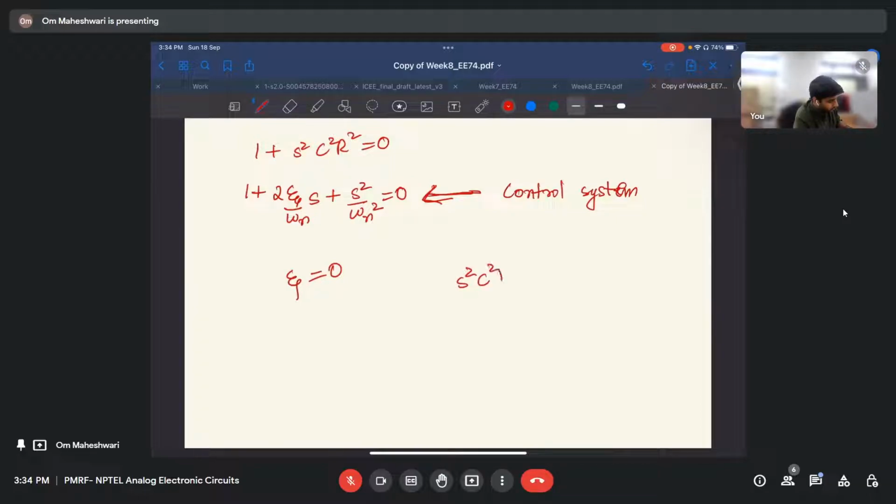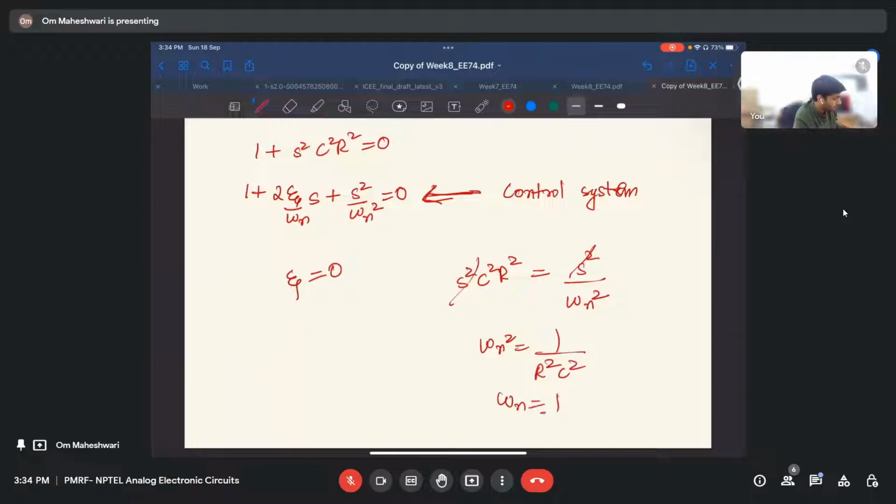So anyways, if we compare this and this, what we get is s squared C squared R squared equals s squared by omega n squared. S squared cancels, so omega n squared equals 1 by R squared C squared, omega n equals 1 by RC. And so fn equals 1 by 2 pi RC. C is given, R we have to find, and fn is also given.